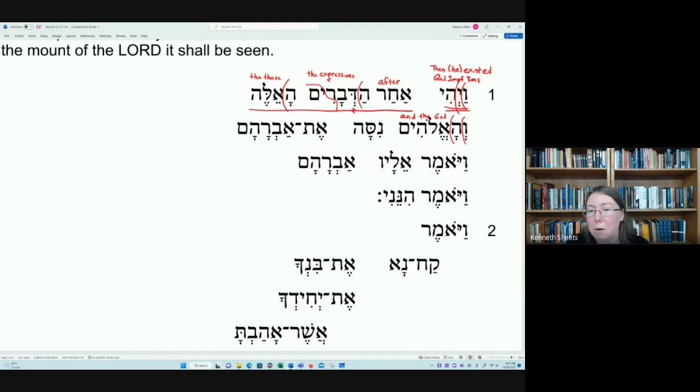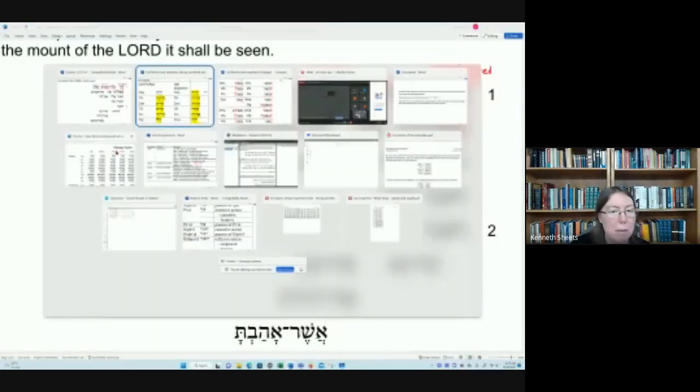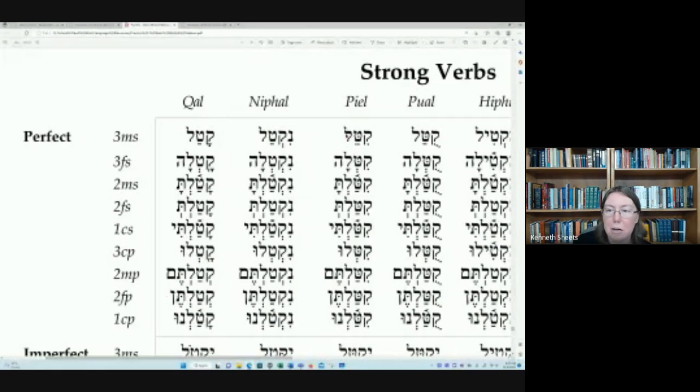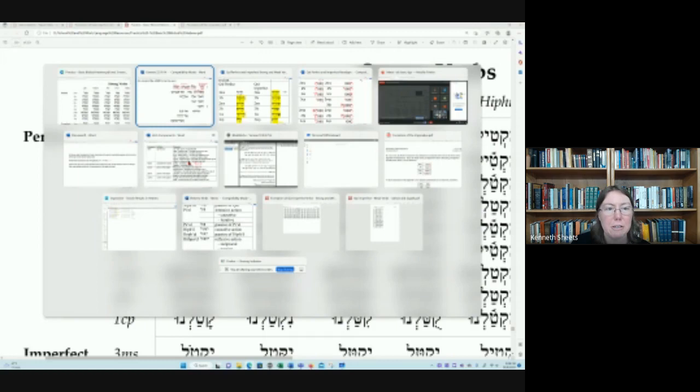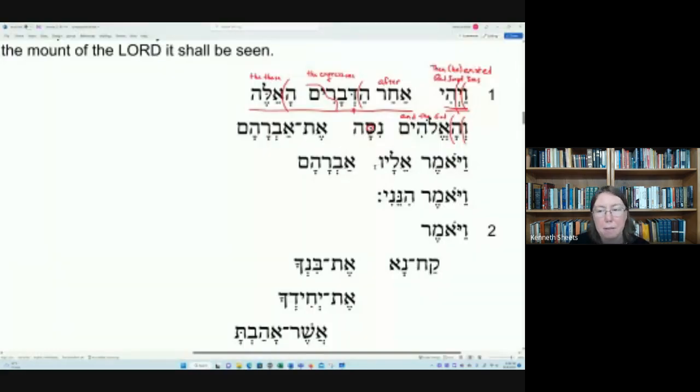This is going to be a verb, but notice that we do have a dagesh forte in the middle root letter. And if I were to come on back to this here, notice as we go across, so you have the qal, niphal, piel. Notice here, when we're working with the piel, one of the things that happens is in the middle root letter, there is a dagesh forte. And that is diagnostic, that is characteristic of the piel. So that tells me that I'm actually dealing with the piel, that idea of intensive action.